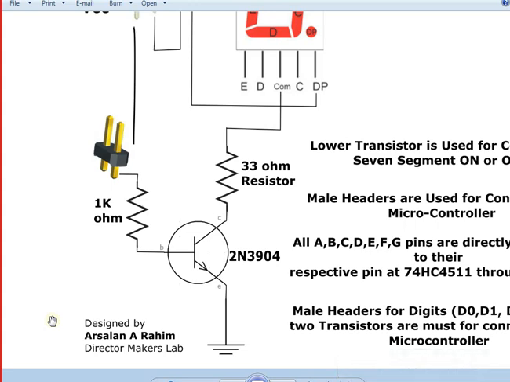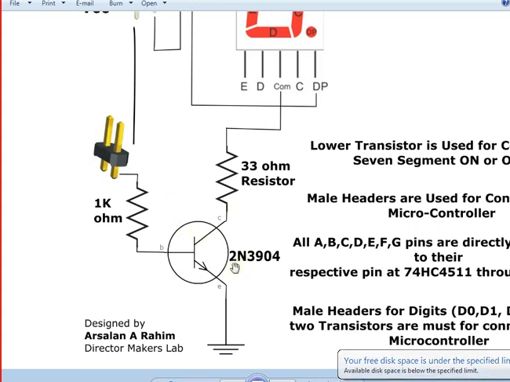So you are giving a 5 volt signal at this one, again with a resistance over there, which you can call the base resistance, and then there is an emitter over there. This is going to be forward biased, and because of this being forward biased, current can now travel. If you don't give a 5 volt signal over there, the transistor will not turn on.